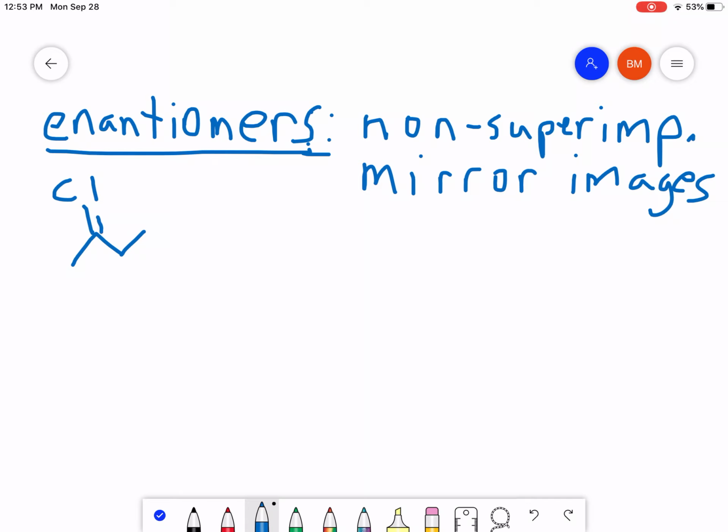We have one here. It's got a Cl, an H, a methyl, and an ethyl. And we said there were a couple of different ways to draw this. We could draw this in skeletal form like this, and you draw literally the reflection, the mirror image.